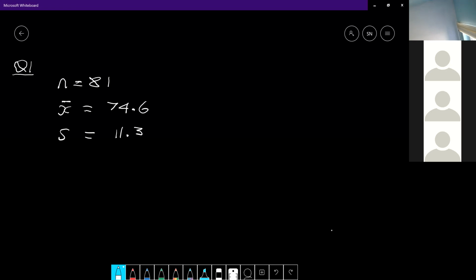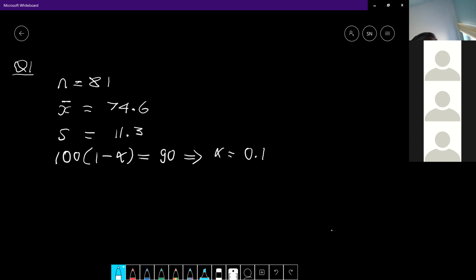We are looking for a 90% confidence interval, which means that 100 times (1 minus alpha) is equal to 90, which implies that alpha must be 0.1.